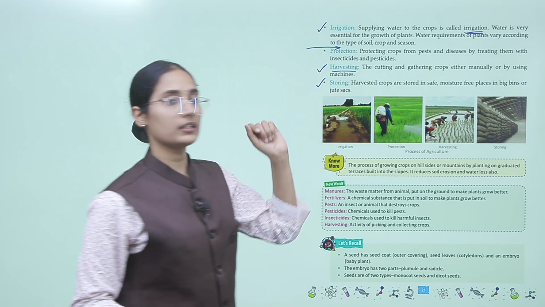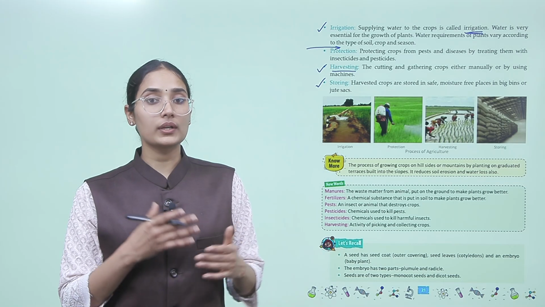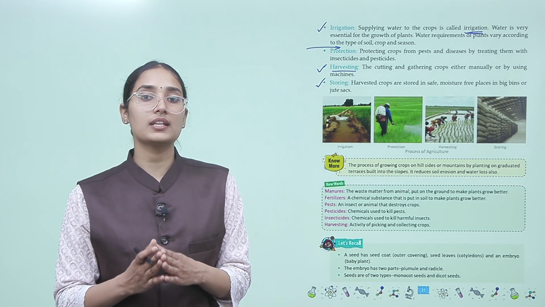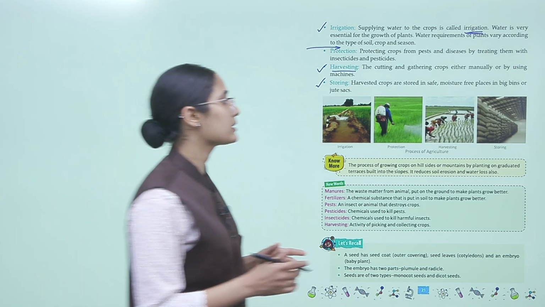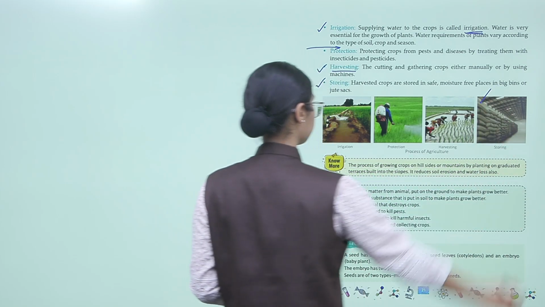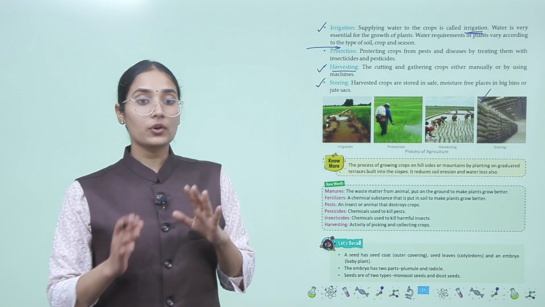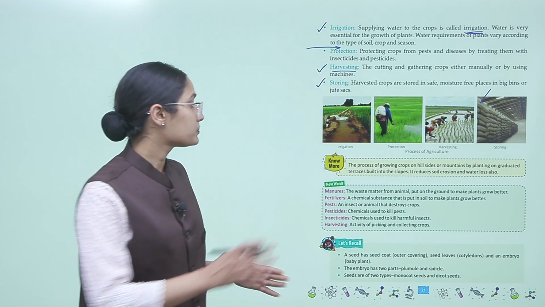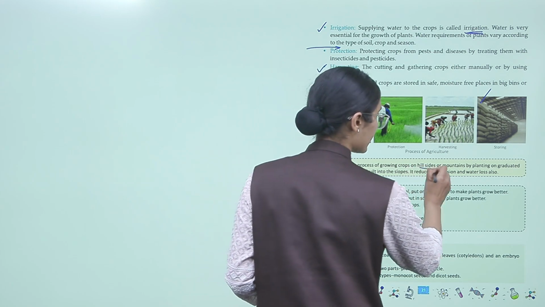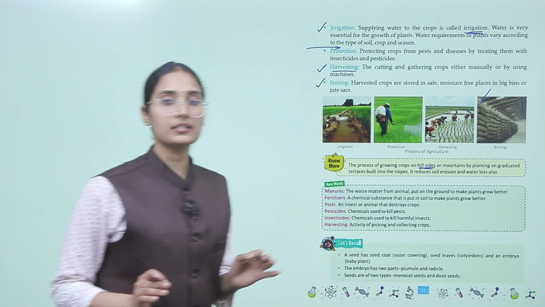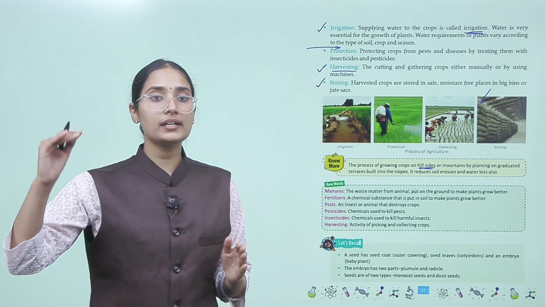Now we store that. The harvested crops are stored in safe, moisture-free places in big bins or jute sacks, just like this.